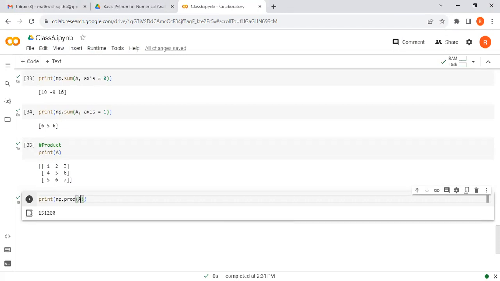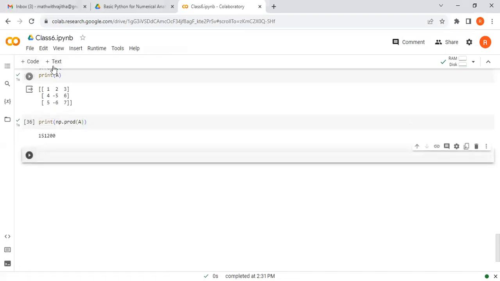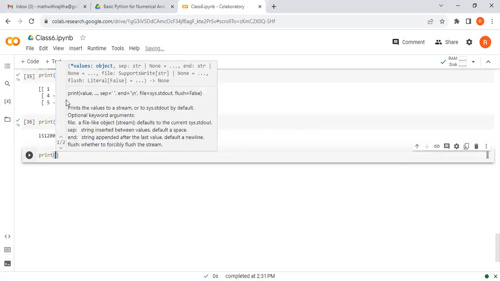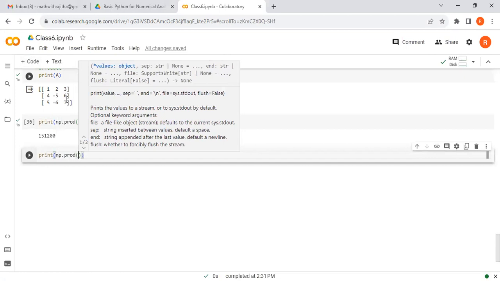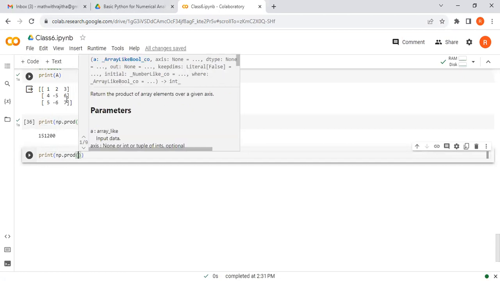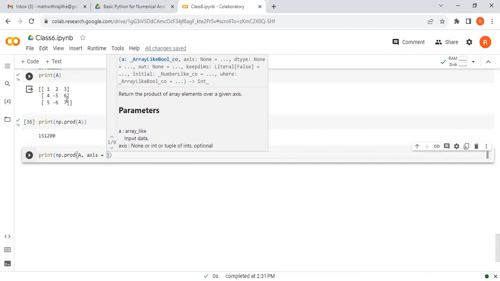So I believe this is right. You can check it yourself; I'm not going to check it here. Print np.product of A, axis equals 0.